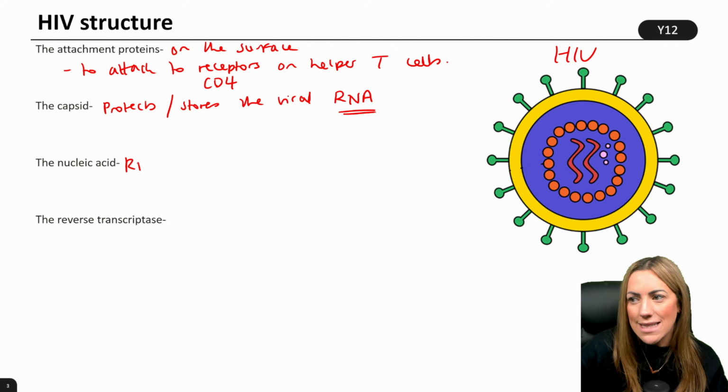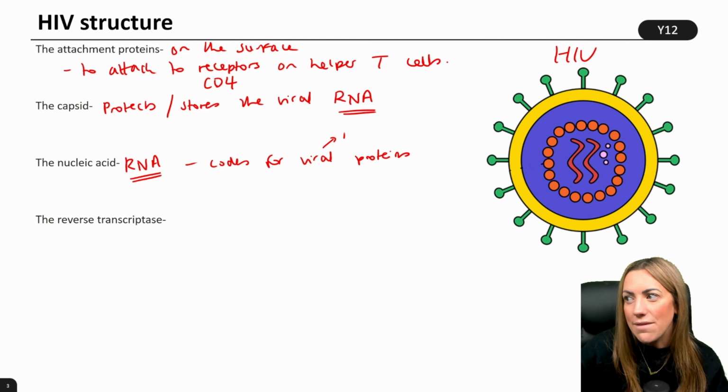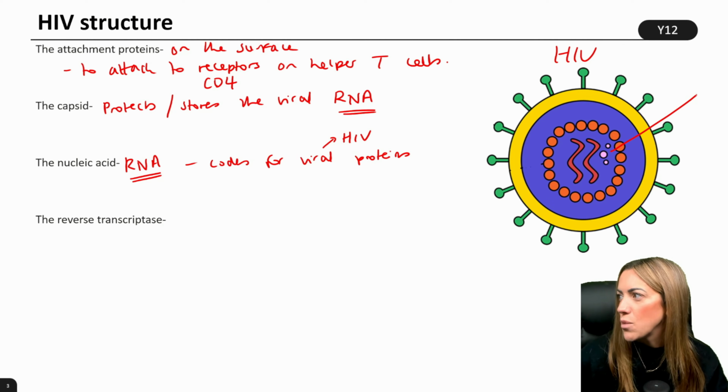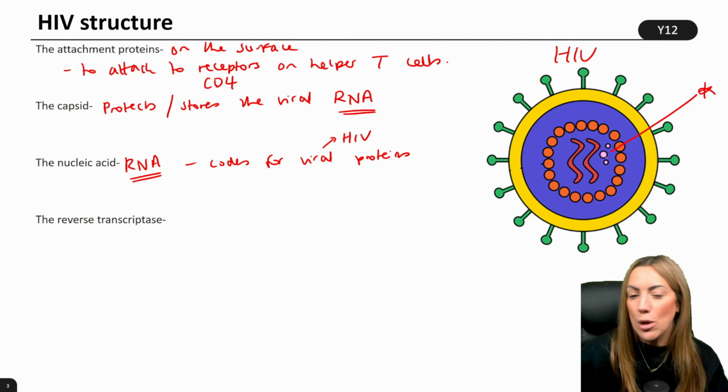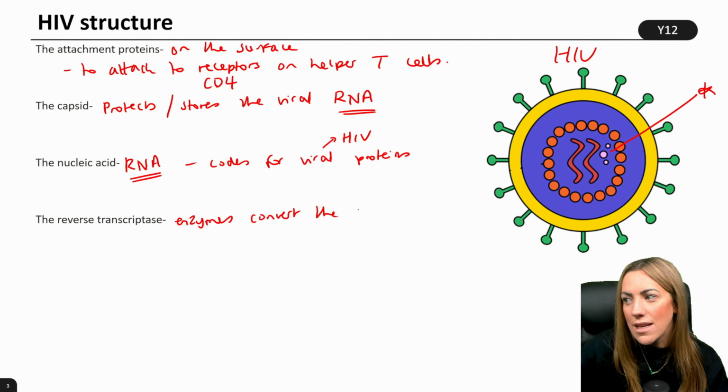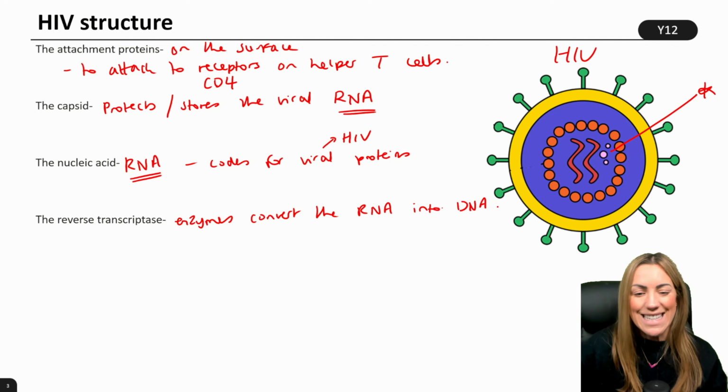So the nucleic acid, which we've just said is RNA, codes for viral proteins, or again, we could be specific and say HIV proteins. And HIV does need reverse transcriptase, which we can see here, these little pink enzymes. And the reason it needs these enzymes is because these enzymes convert the RNA into DNA.